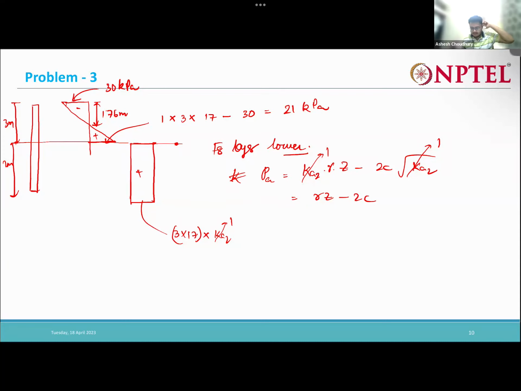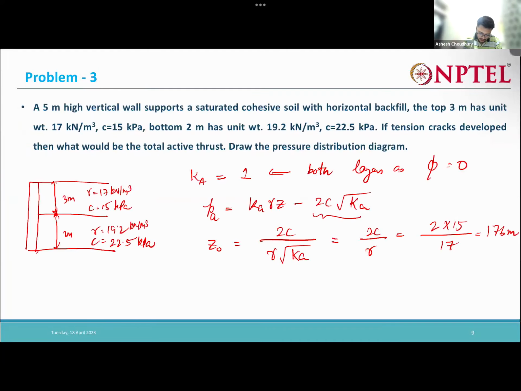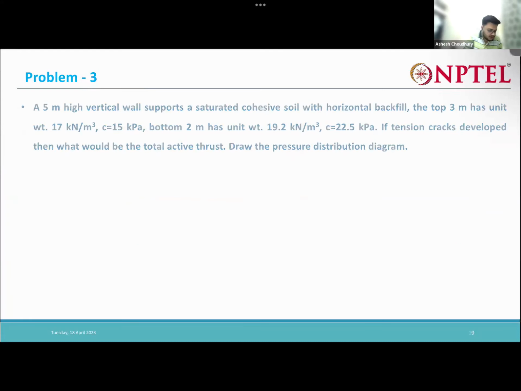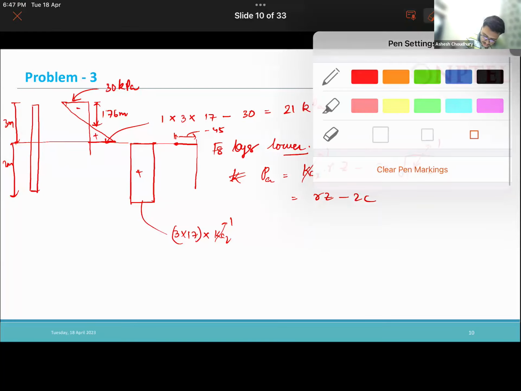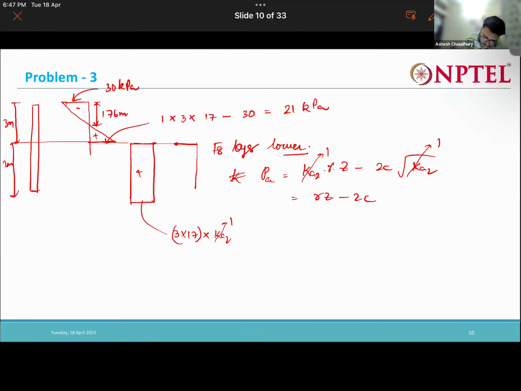It is 0 for the lower layer, a triangular shape, minus twice C at the top. So minus 2 into 22.5. 22.5 into 2 is 45. So minus 45 here. This much is minus 45 kPa.